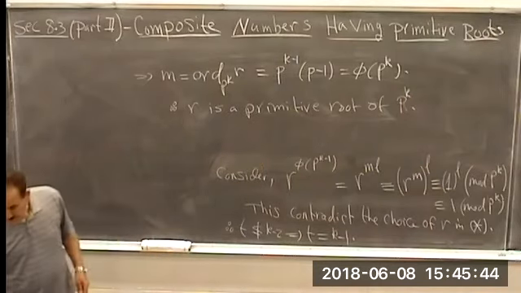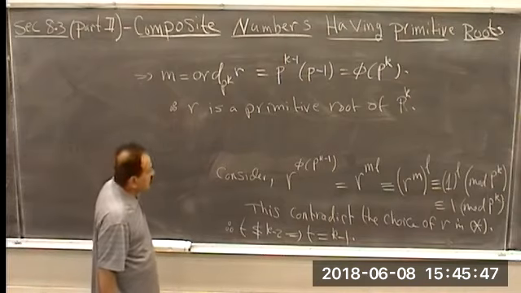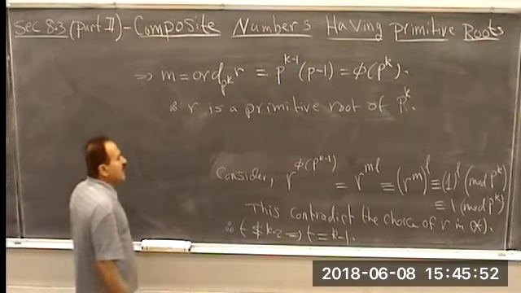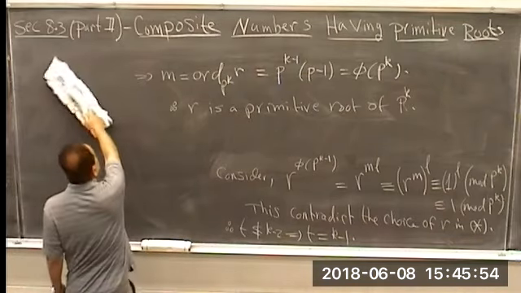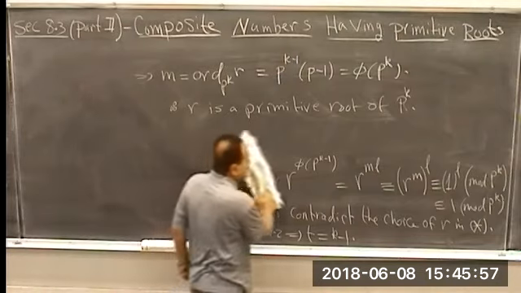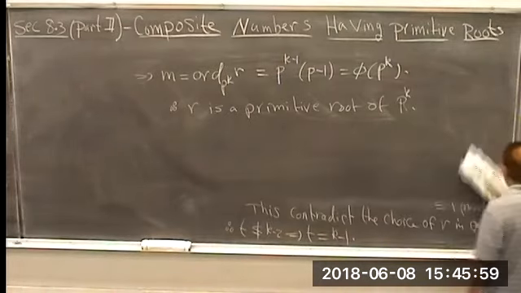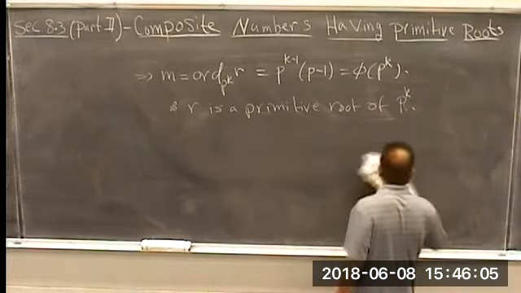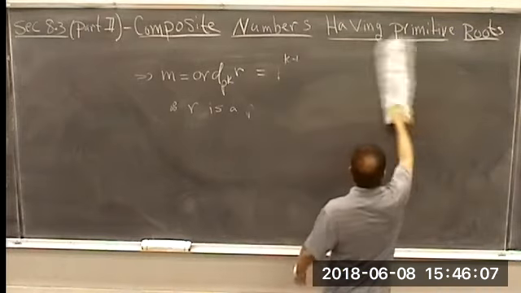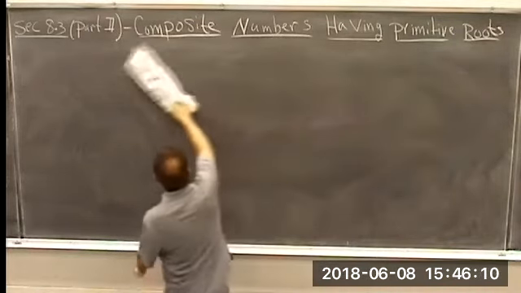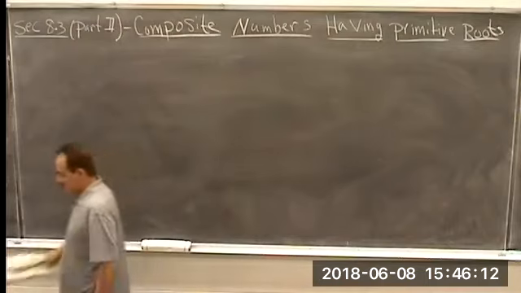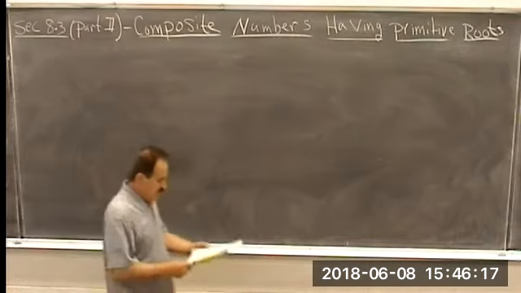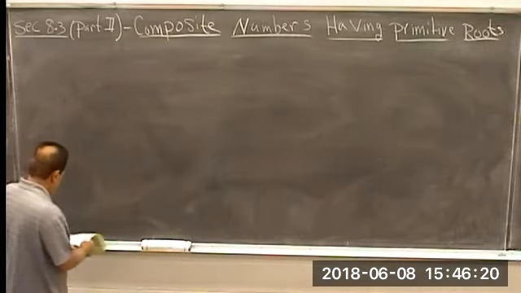All right. Next, we're going to show that multiples of p^k by 2 also have primitive roots. And this is part of the Gauss theorem, which tells us which integers have primitive roots. So this is the corollary.